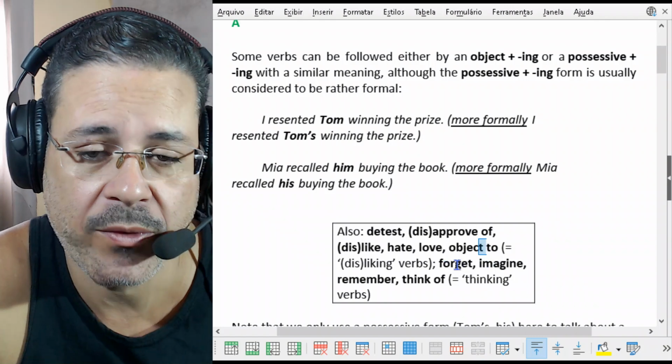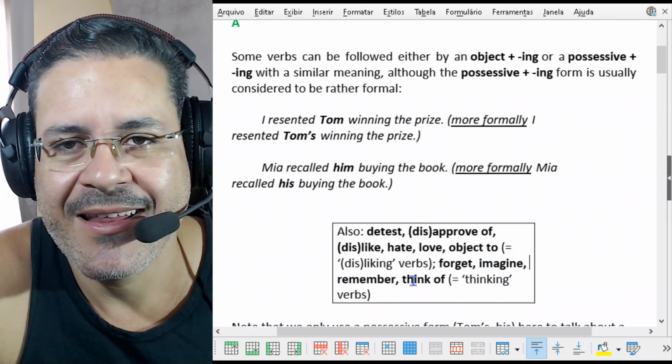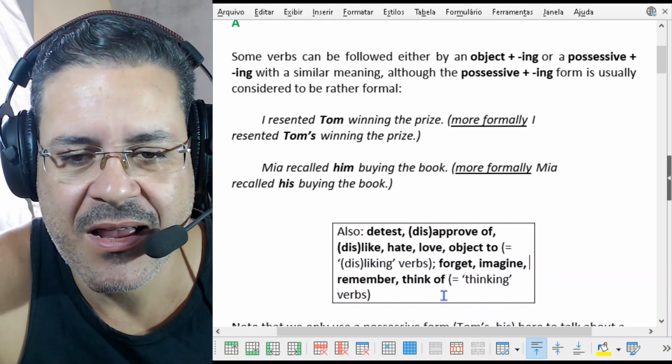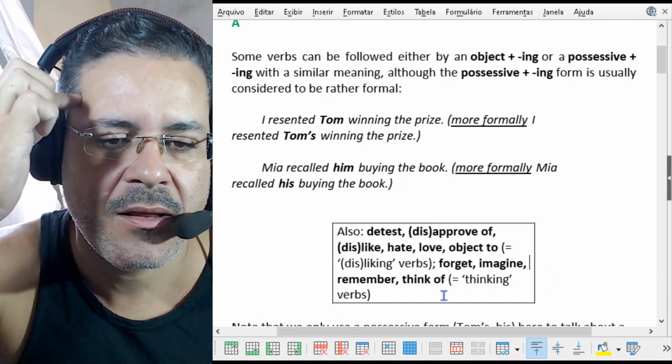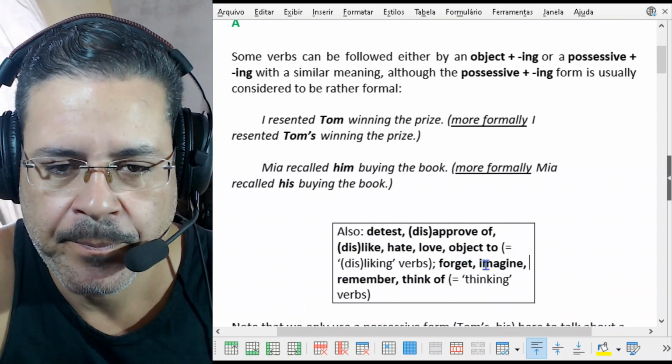And also we've got forget, imagine, remember, think of. Those are thinking verbs.